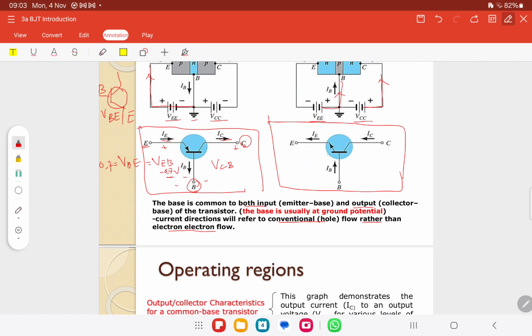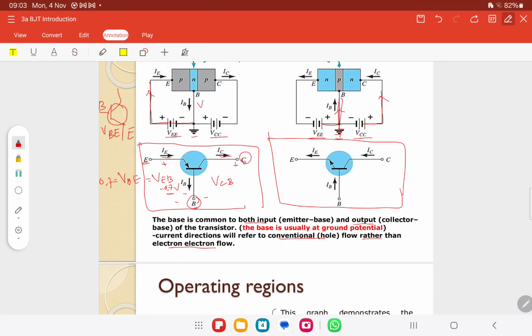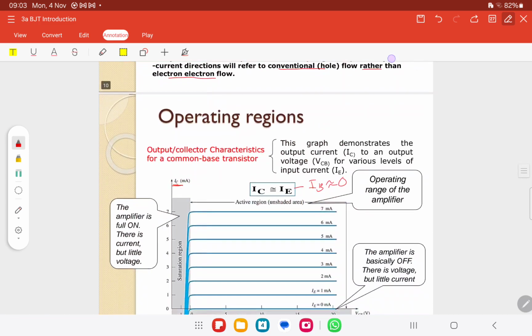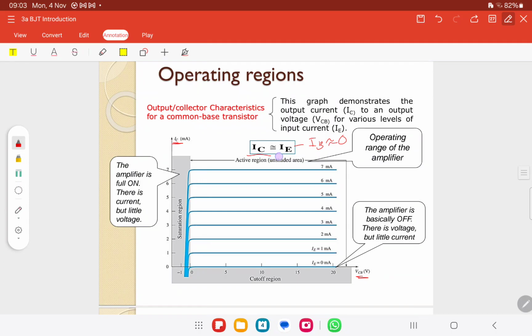Kat sini kan dia pergi ke ground kan? This one connect to ground, so IB is equals to 0 sebab dia pergi ke ground. We assume IB is equals to 0. That is why yang ini dia terus tulis IC approximate to IE.